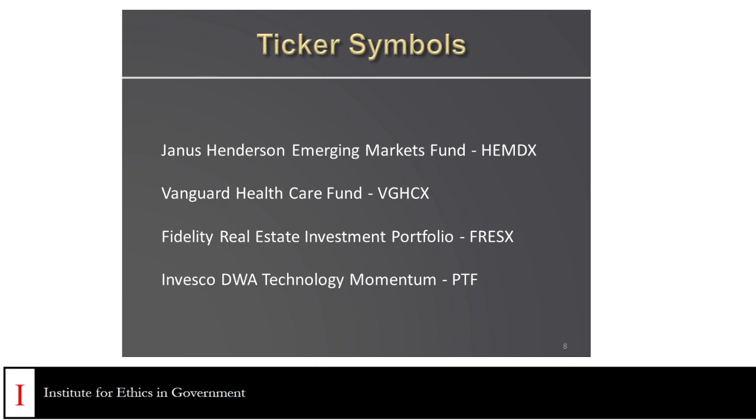So based on the ticker symbols, I can tell you that the first 3 funds are mutual funds. You will note that the Invesco DWA Technology Momentum Fund has 3 letters for its ticker symbol, PTF, instead of 5. A 3-letter ticker symbol is typical for exchange-traded funds.